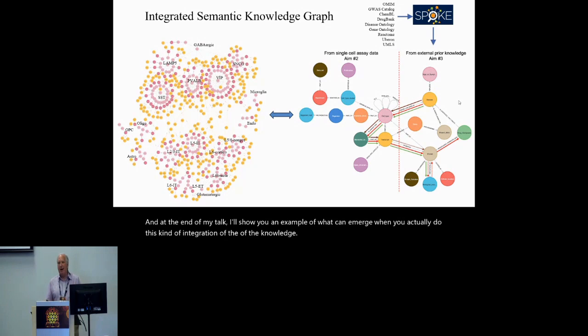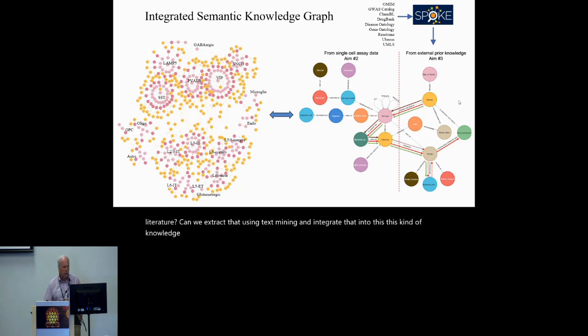But this is a text mining session, and so we have this one source of knowledge that can come from data mining, but what about all this knowledge that's embedded in the literature? Can we extract that using text mining and integrate that into this kind of knowledge representation?